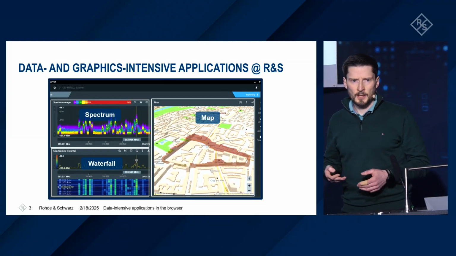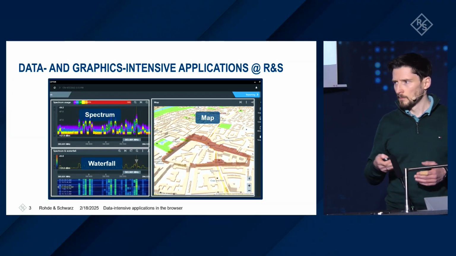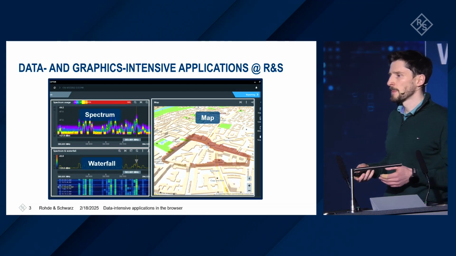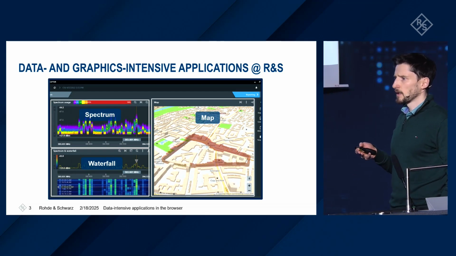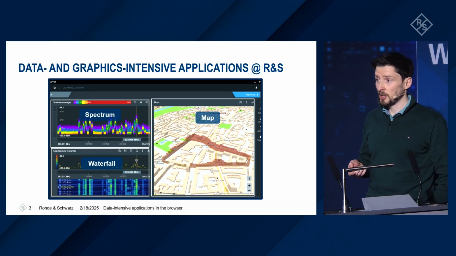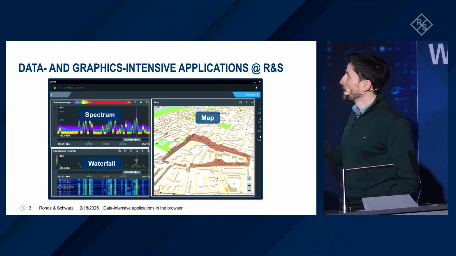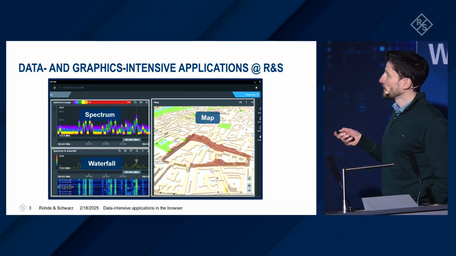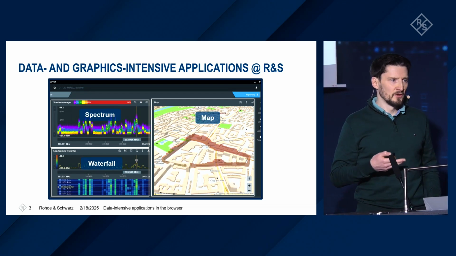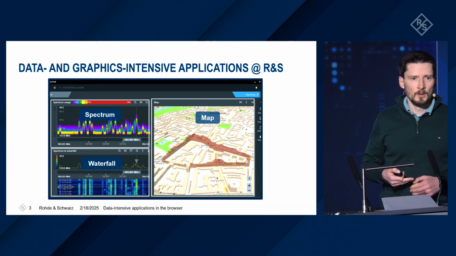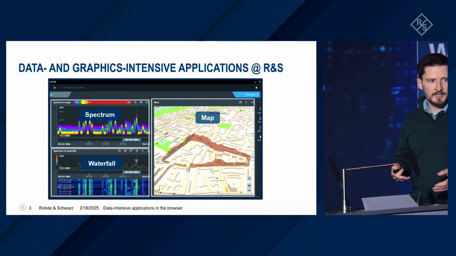For example, if we're talking about the map display, there we basically want to display the full planet data set of OpenStreetMap. Then we also, as a second aspect, have a high velocity in the data. So the data are changing very frequently when we are talking about the spectrum or waterfall display. And the third aspect is that this processing and visualization has to happen very quickly. So in the best case, like I said, in real time.